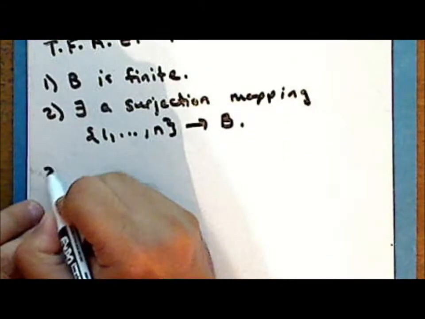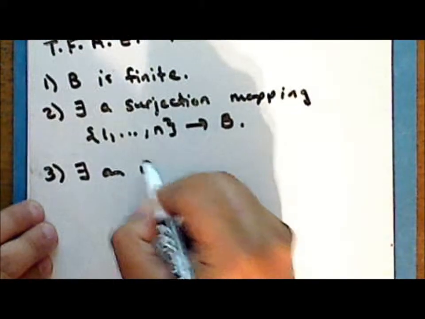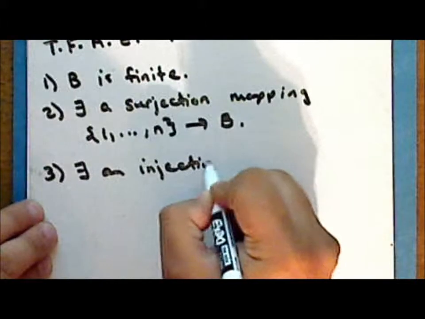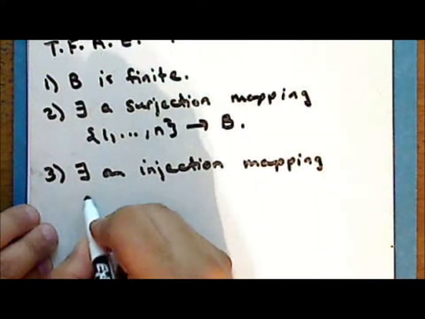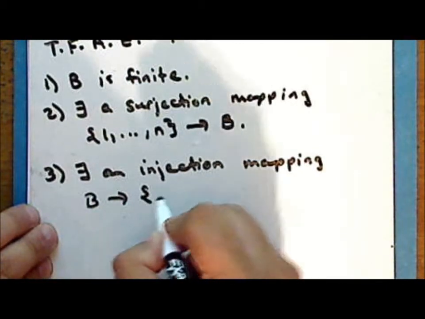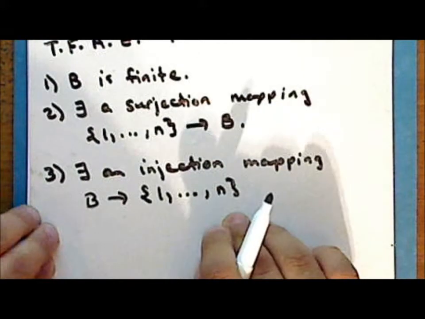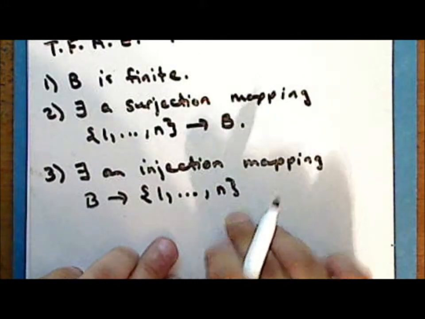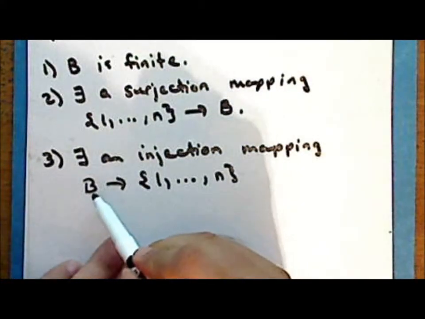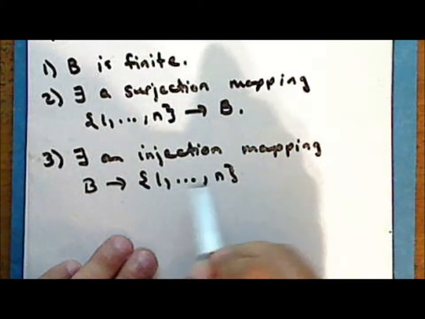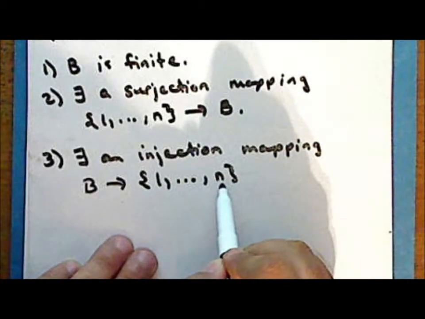This is also equivalent to the condition that there exists an injection mapping the set B into a finite subset of consecutive positive integers. Now, as this map is a function, each element in the set is mapped into the finite subset of consecutive positive integers.